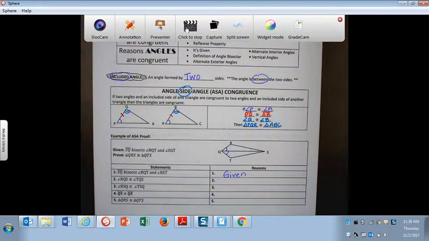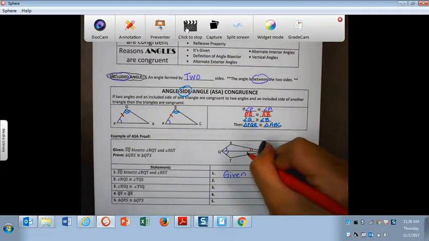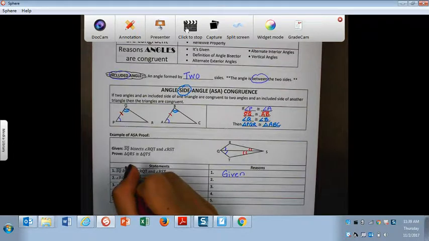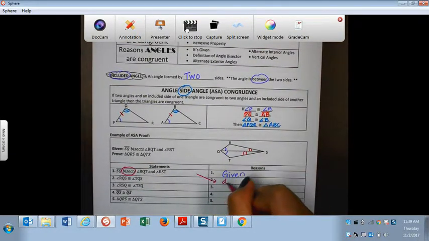And then RST is also cut in half, so I'm going to mark it. Those two angles are cut in half. Now, it says angle RQS is congruent to angle TQS. You're going to see this word pop up here: that's going to be definition of angle bisector.